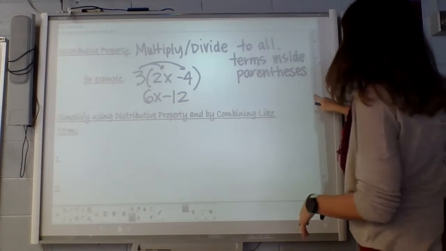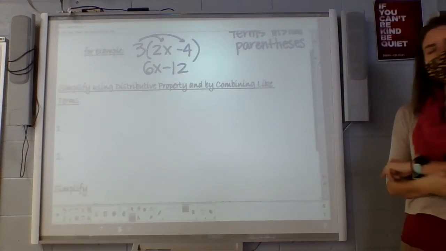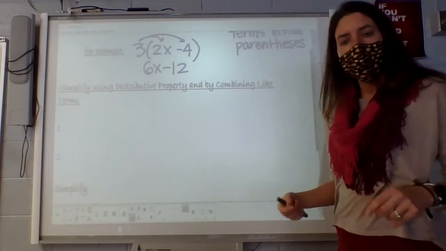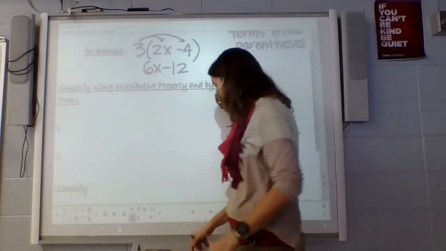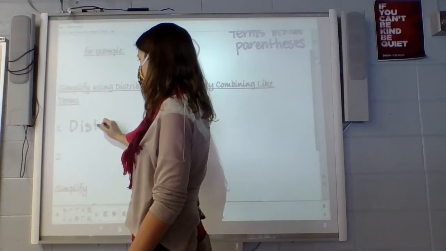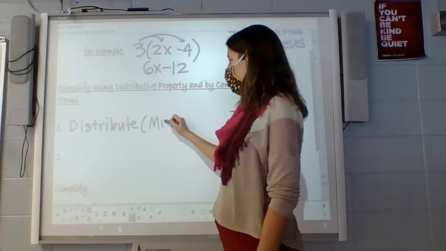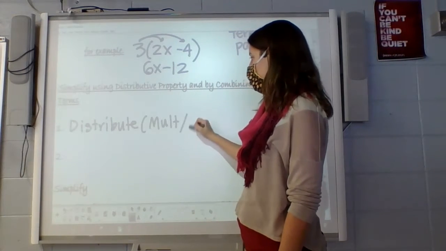So when we're doing this, we're really going to follow the order of operations. So we want to distribute first, because that's multiplication or division, and then we'll combine like terms. So we have steps in order here. Step 1 is going to be distribute, which is really multiplying or dividing.